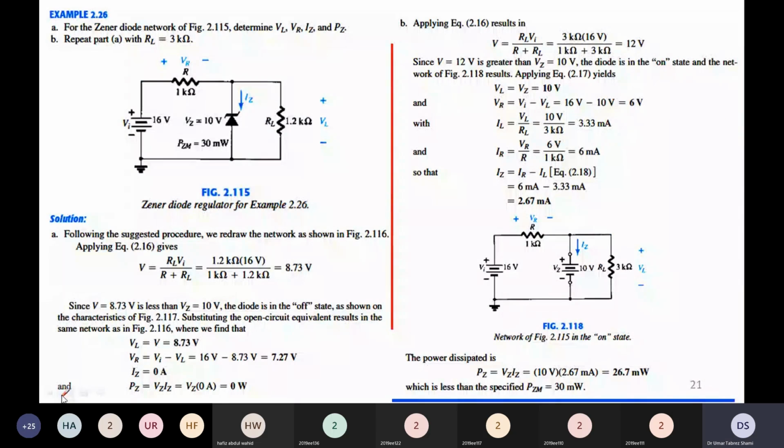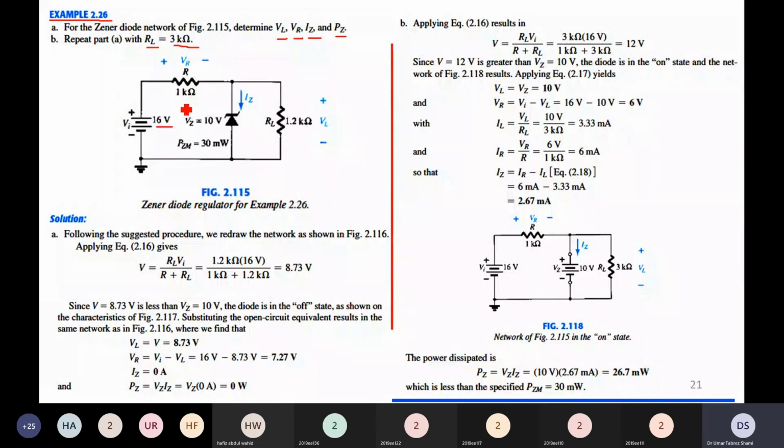The statement of the example is, part A: for the Zener diode network shown in figure 2.115, determine VL, VR, IZ and PZ. And part B is, repeat part A with RL equal to 5 kilo ohms. Now this is figure number 2.115. It has the input voltage of 16 volts.